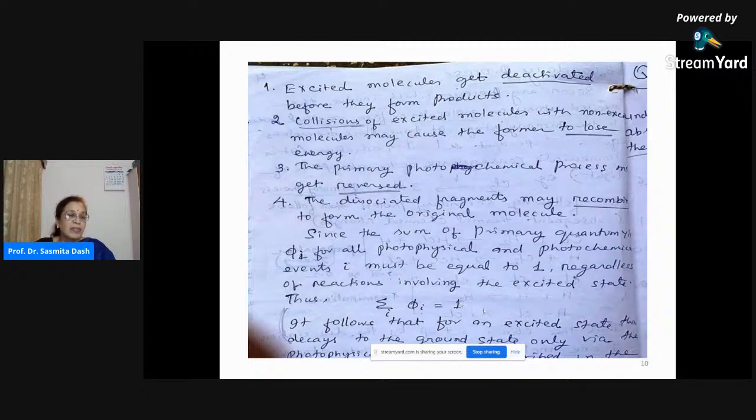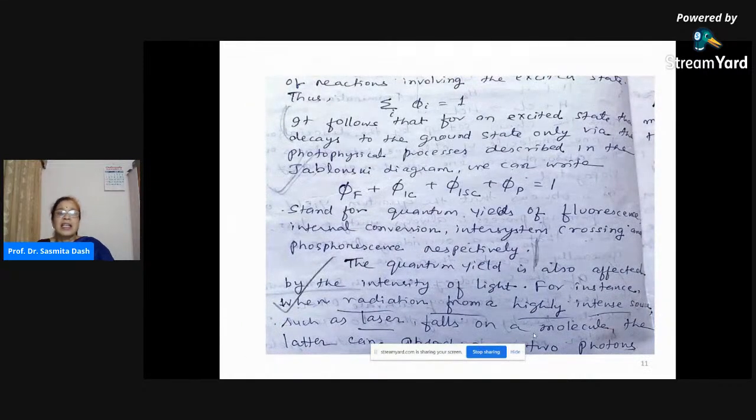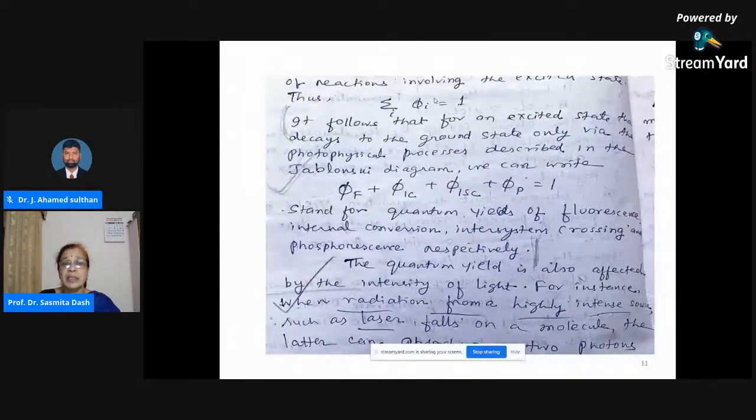It follows that for an excited state, decay to the ground state happens only via the photophysical processes described in the Jablonski diagram. In the Jablonski diagram, we have described processes named fluorescence, phosphorescence, IC, and ISC. All these processes have a fraction of their contribution towards the total quantum yield.